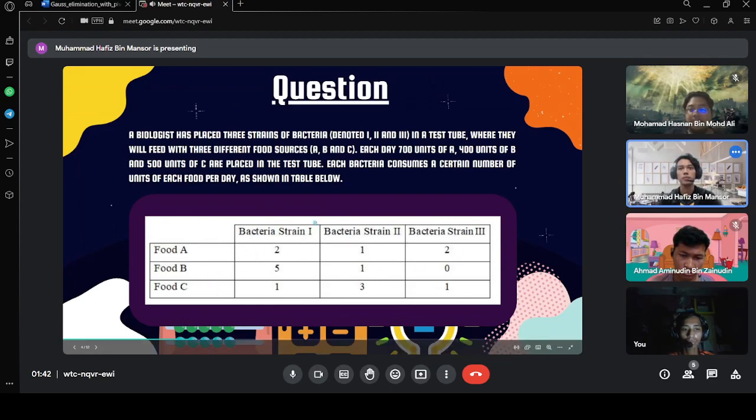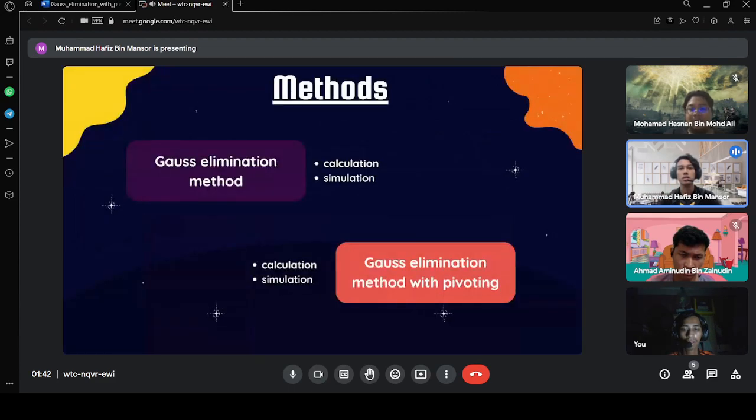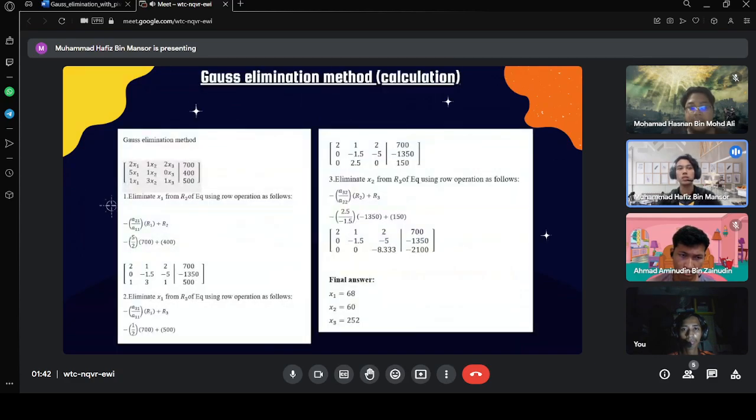This is the method that we use. It has calculation and simulation. This is the Gauss elimination method calculation. We just get this data from the table and then solve step by step to get the answer.